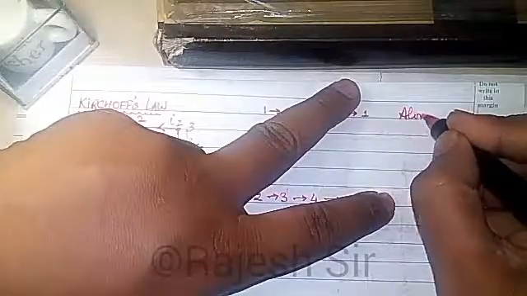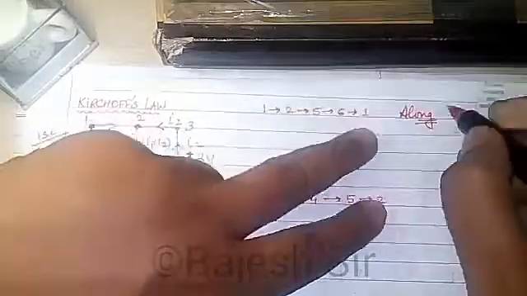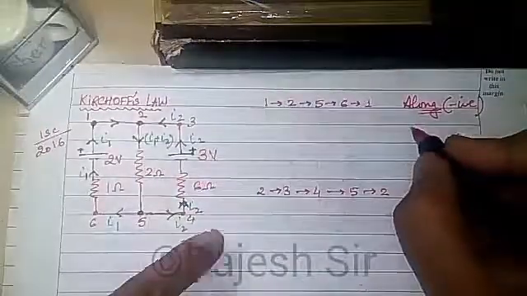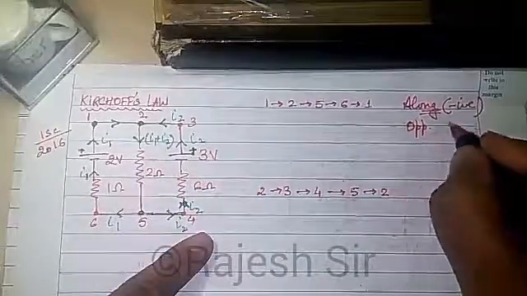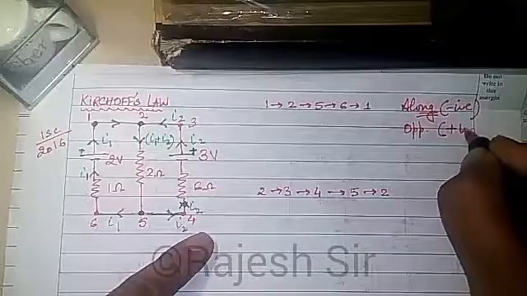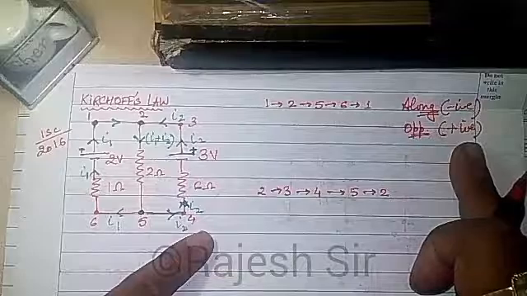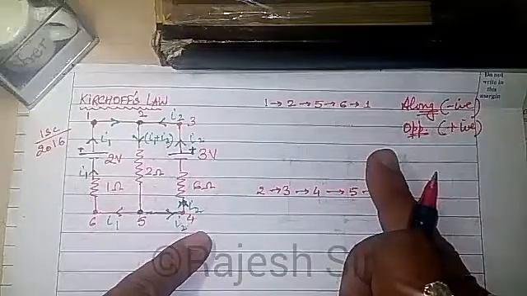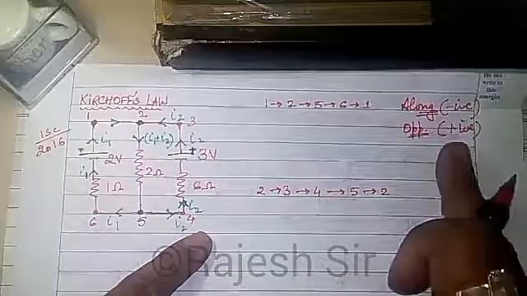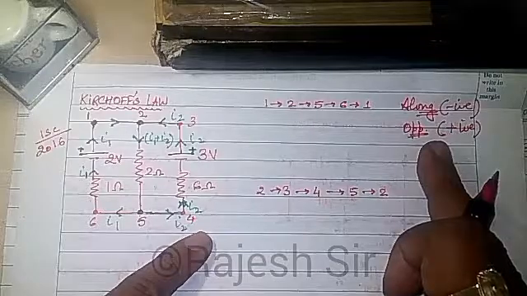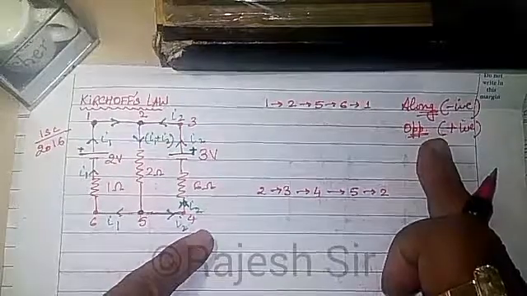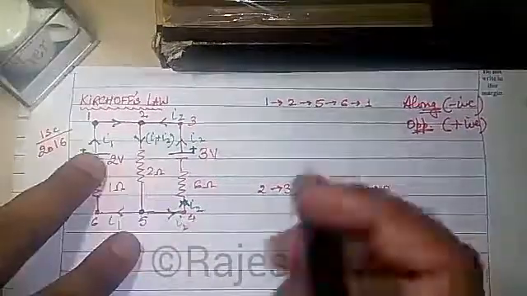Remember, along, N comes, so negative, and if you are traveling opposite to the current flow, opposite, P comes, so positive. If you are traveling along the current flow, give that potential drop a negative sign, and if you are moving opposite to the current flow, write down the potential drop with a plus sign. Let me show it to you.